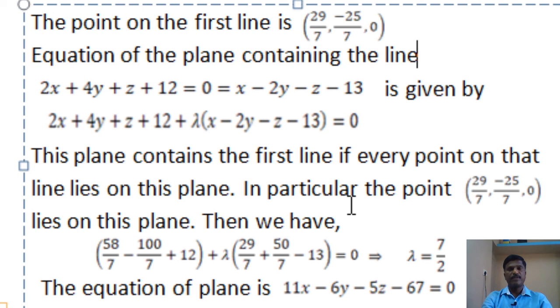If every point on that line lies on this plane, in particular the point (29/7, -25/7, 0) lies on this plane, then we replace x, y, z by 29/7, -25/7 and 0 respectively, so that we get lambda = 7/2. By substituting lambda here, we get the equation of the plane is 11x - 6y - 5z - 67 = 0. Thank you.